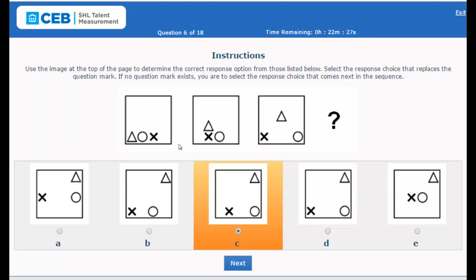Now the key for determining the correct alternative is to use this particular pattern in order to find the future location of these two shapes.